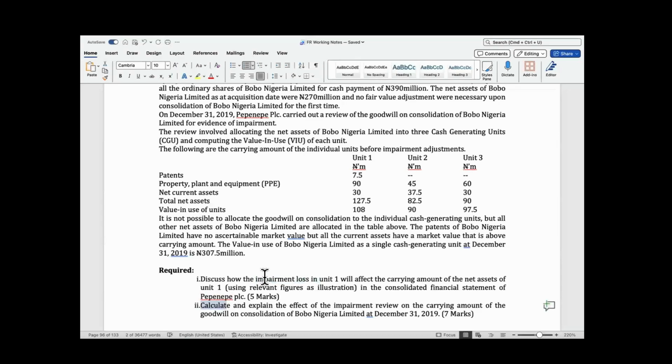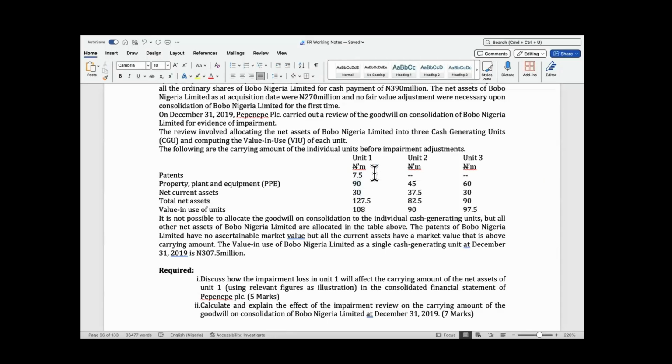You're supposed to use relevant figures and explanation. Ordinarily, the carrying amount of CGU1 is this, the value in use is this, and the difference is the impairment loss. Discussing means explaining how you're going to allocate that impairment loss to each of these items: the 7.5, the 90, the 30.